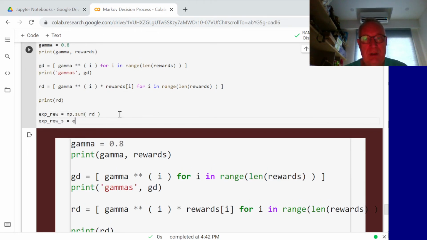Or the string has to be 5.2f dot format expected reward.